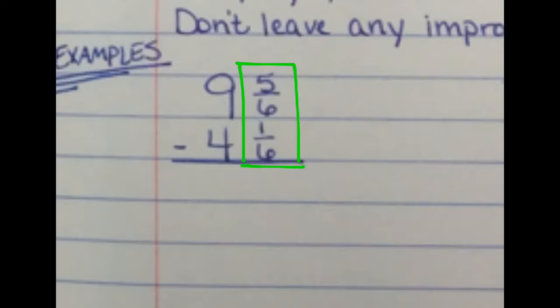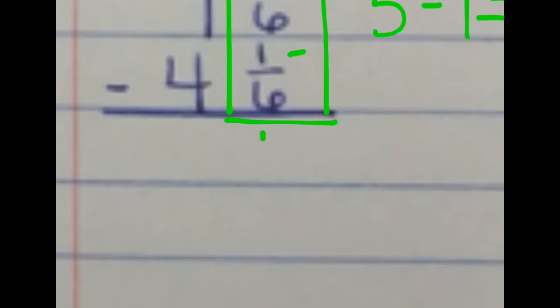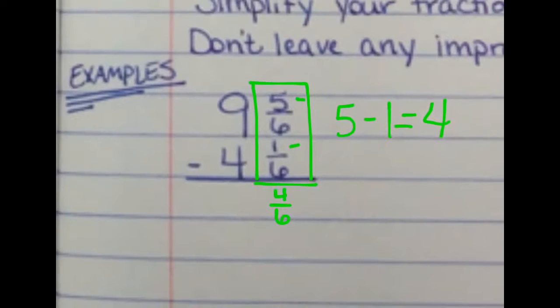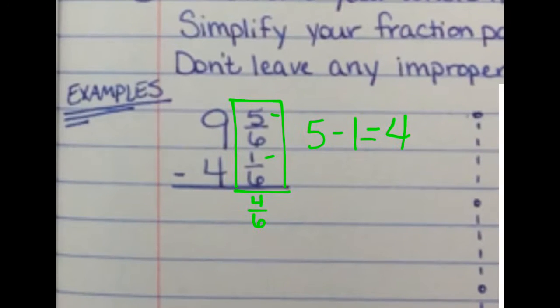This will be an easy one because our denominators, 6 and 6, are already common. So all we have to do is subtract our numerators. 5 minus 1 equals 4. Our denominator stays the same because we already have a common denominator. So subtracting our fractional part here gave us 4/6.